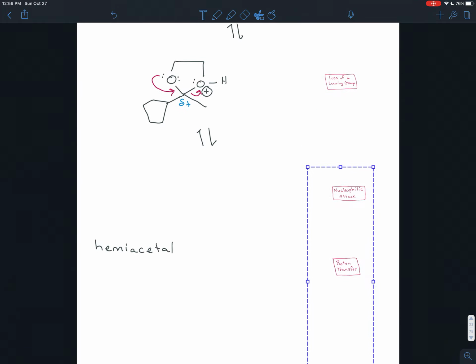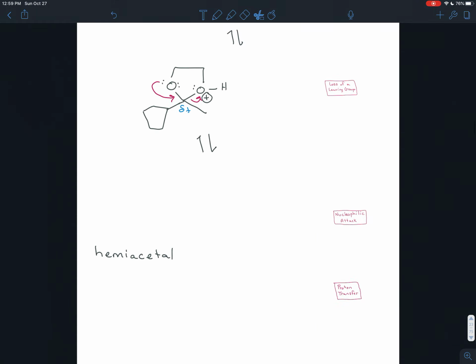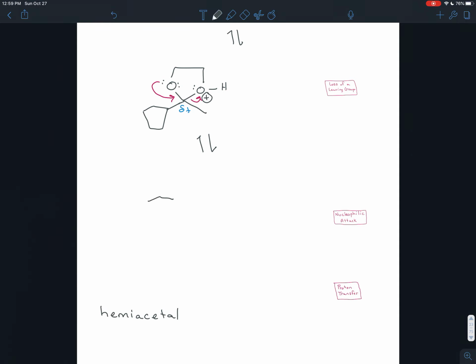And what we form after that step is something very close to the hemiacetal. We have a double bond to the oxygen on the left. It still has 1 lone pair.